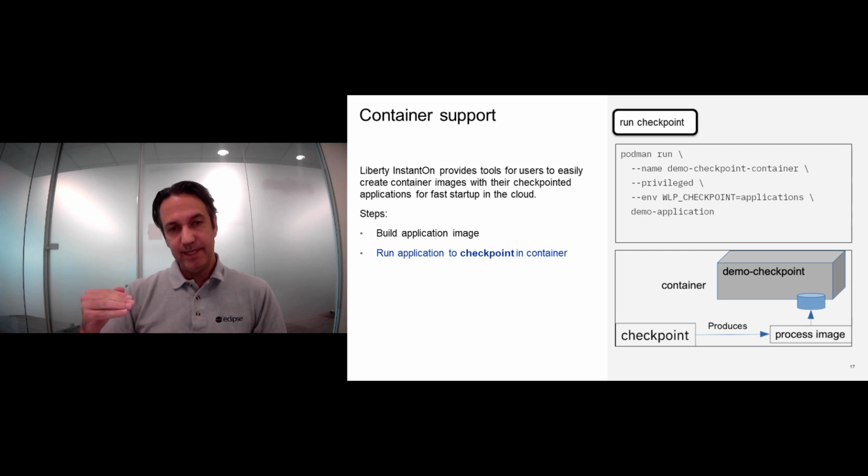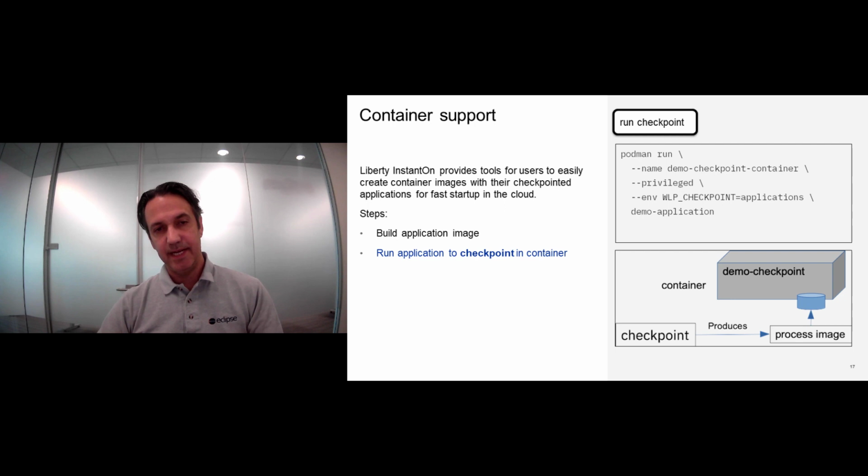And after it's completed, CRIU will actually terminate the process, and then that'll in turn stop the actual container. So what we're left with is a container that has an additional layer on top of that original application image that contains the process image that CRIU created.